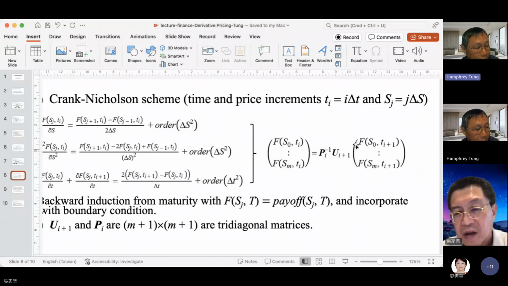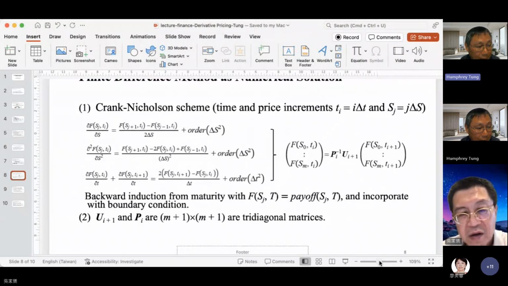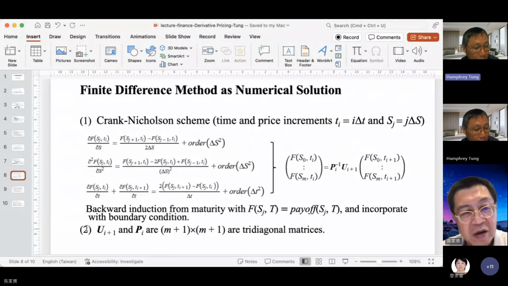Then you will have the P and U matrix worked out. I haven't defined P and U, but just know that they are square matrices in this dimension, and you can work that out very easily by taking the approximation of the partial derivatives back into the equation.